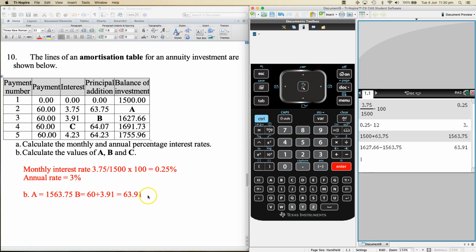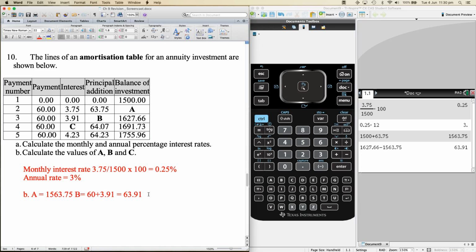So the last thing that we're asked now is to find the value of C. Again, there's two ways that you could do it. You could find out 0.25% of this balance because that's the interest you earn. But it's far easier to just have a look and realise, okay, we've made a payment of $60.